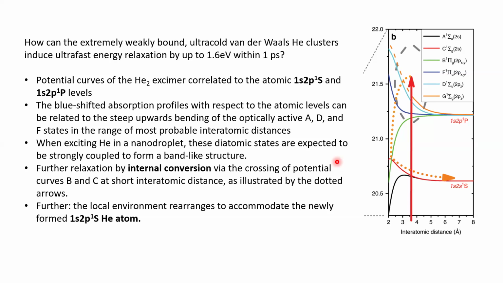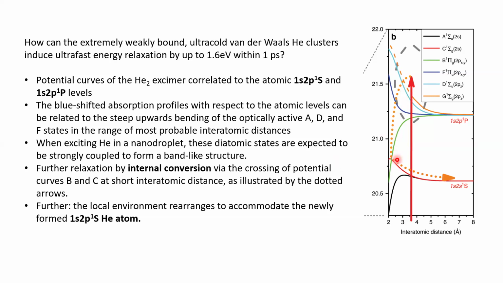Further relaxation by internal conversion by the crossing of potential curves of B and C at short interatomic distance is illustrated by the dotted arrows here, from this most probable region to something around 20.7.